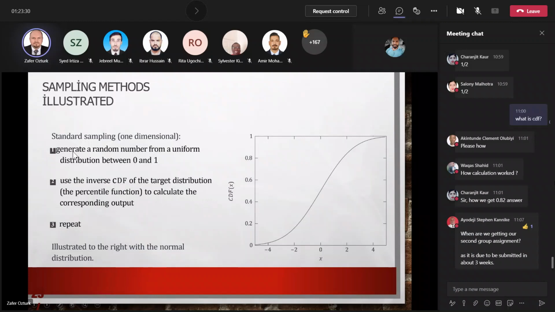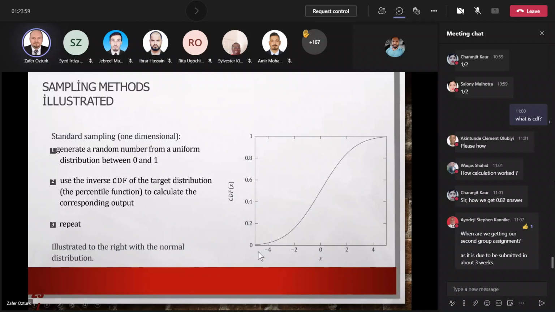The example you are seeing on the screen illustrates the sampling methods. In one-dimensional standard sampling, we just do 3 steps. The first one is to generate a random number from a uniform distribution between 0 and 1, which is like the cumulative distribution function, and the distribution levels are between 0 and 1.